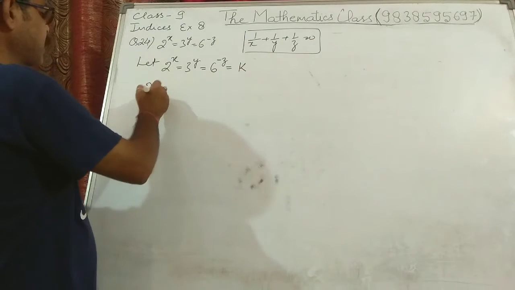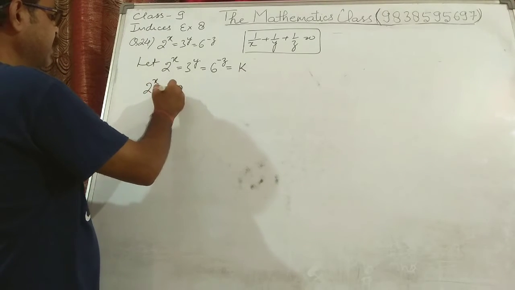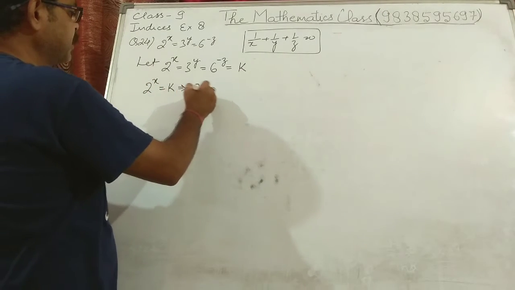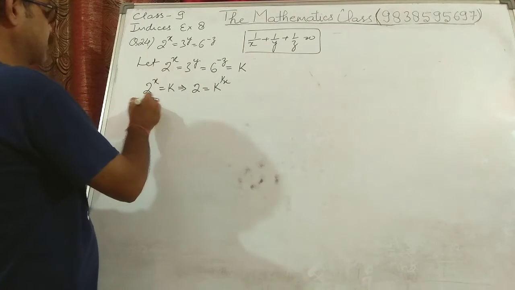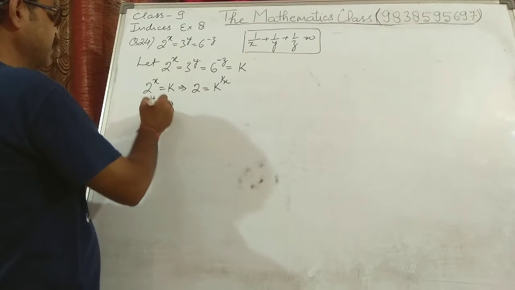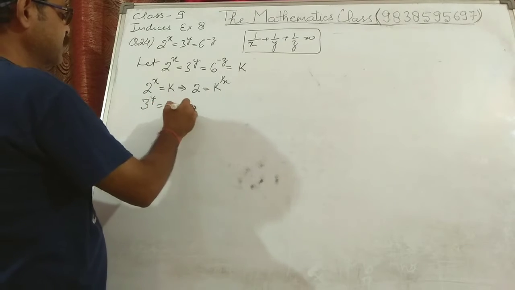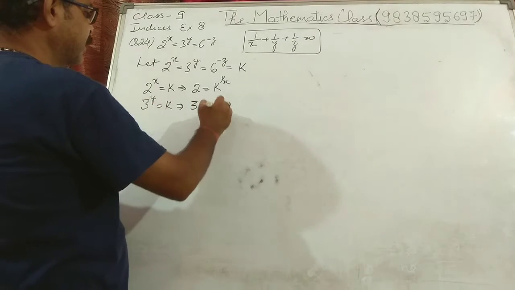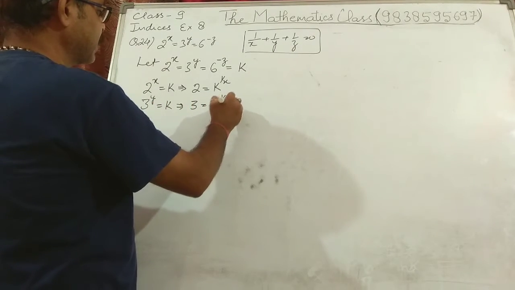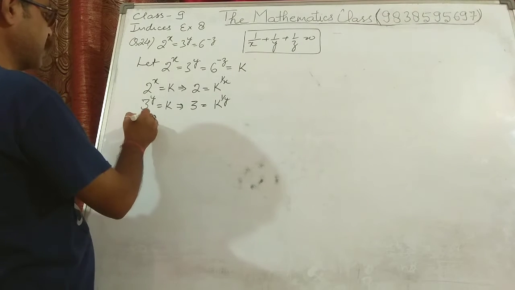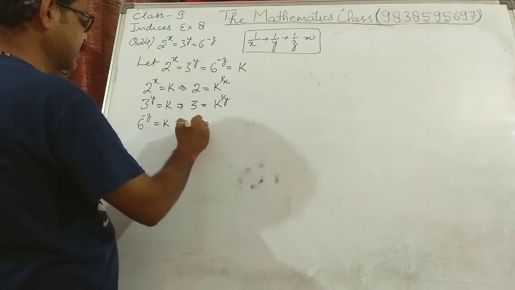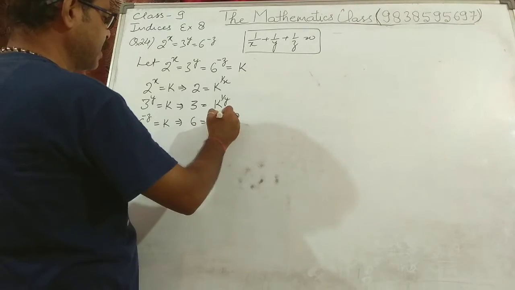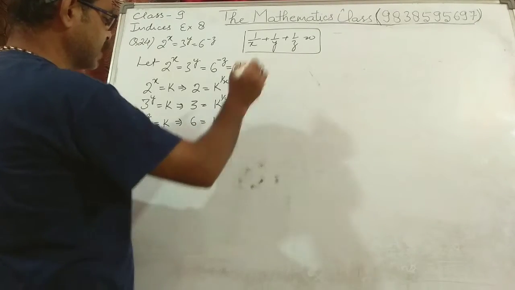Now if 2 to the power x is equal to k, it means that 2 can be written as k to the power 1 upon x. 3 to the power y is equal to k means 3 can be written as k to the power 1 upon y. And 6 to the power minus z is equal to k means that 6 can be written as k to the power minus 1 upon z.